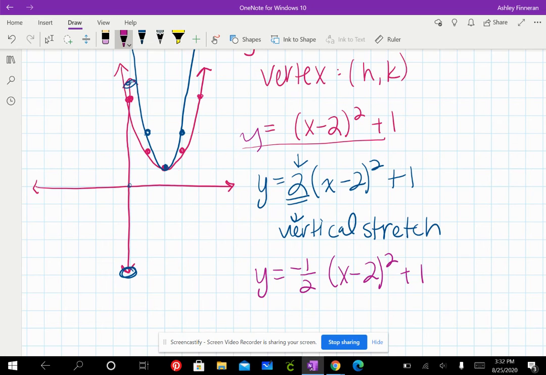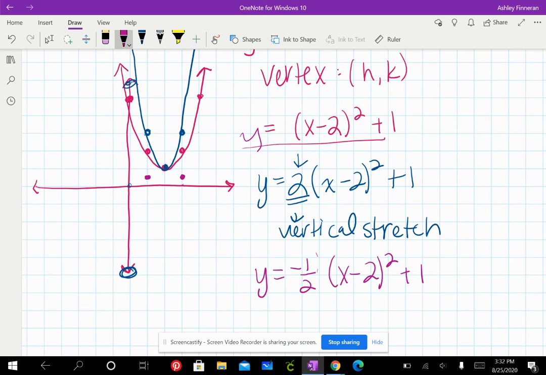So it's going to be opening down instead of up. But I do everything else the same. So I would go over 1, and I typically would go up 1, or 1 squared. But because it's negative, I'm going down, but this is also multiplied by 1/2, which is going to shrink it.